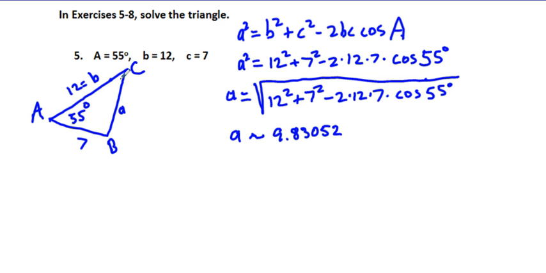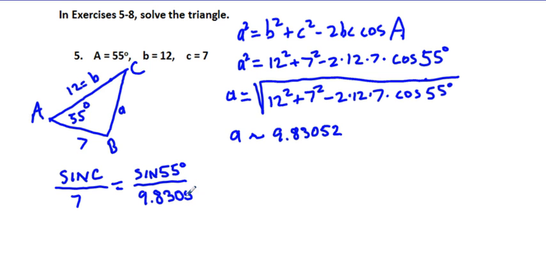Let's go ahead and try to find the other sides. Let's try to find angle C next. So we say, using law of sines, sine of angle C over side C, which is 7, is equal to sine of 55 degrees over side A, which is 9.83052.